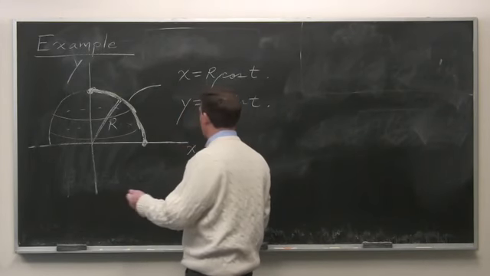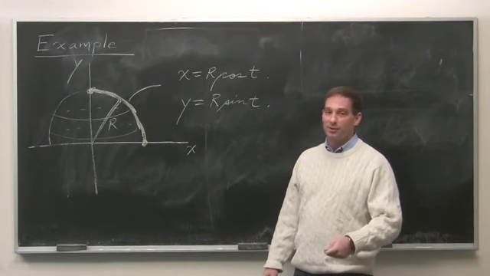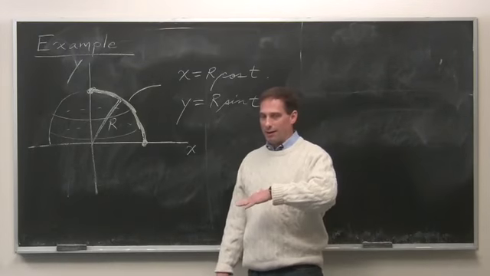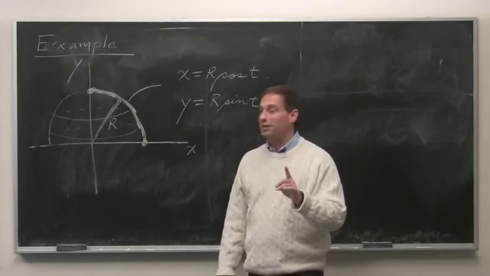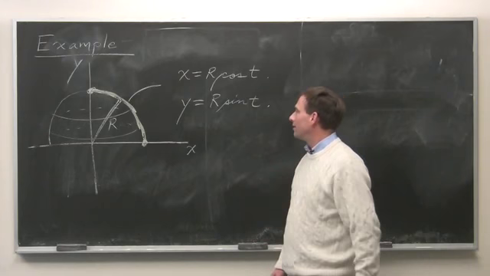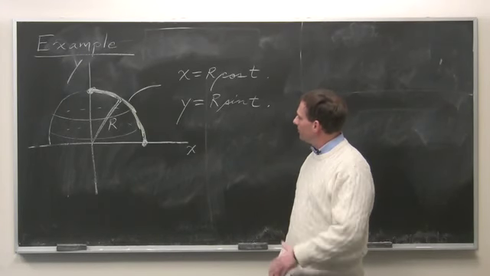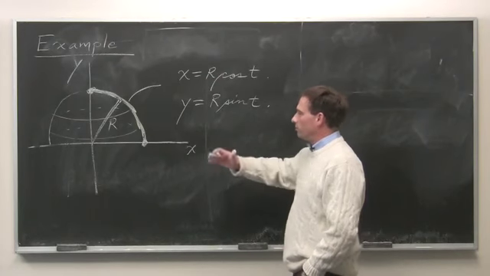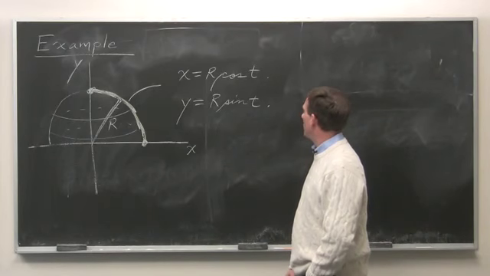I remind you quickly that cosine of theta, at an angle of theta with the positive x-axis, is by definition the x-coordinate on the circle of radius 1, and sine of theta is by definition the y-coordinate. So on the circle of radius 1, we just get x as cosine and y as sine. But when you scale out to a circle of radius r, you have to multiply by r.